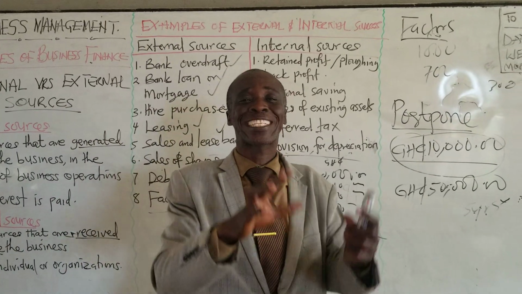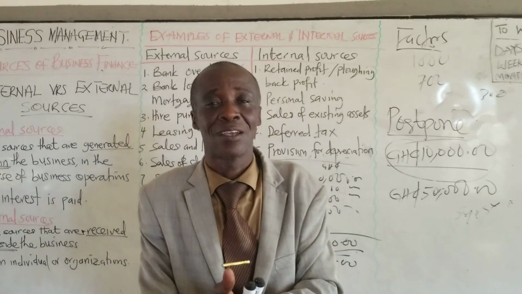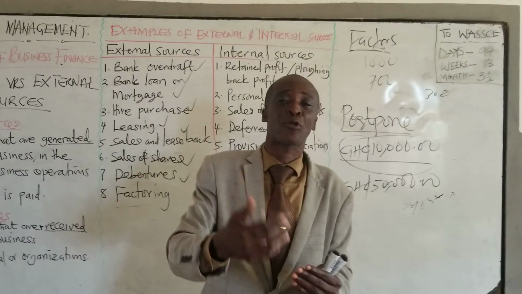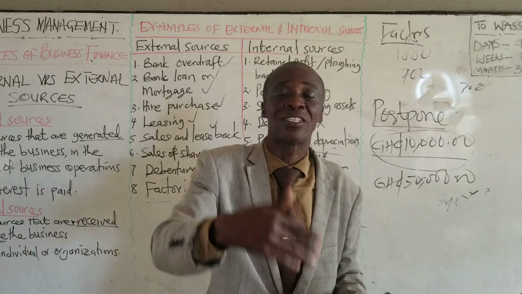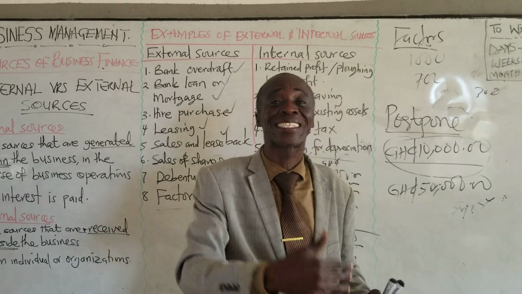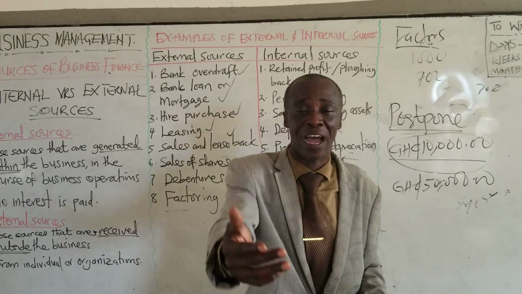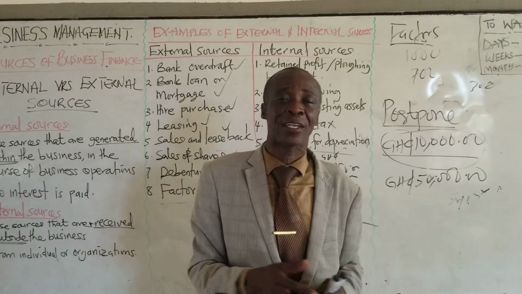So I've explained to you what factoring is. Factoring is the process of buying or selling accounts receivable. It is the process of selling. The company sells accounts receivable. You say, what is accounts receivable? I have told you every subject has its own language.